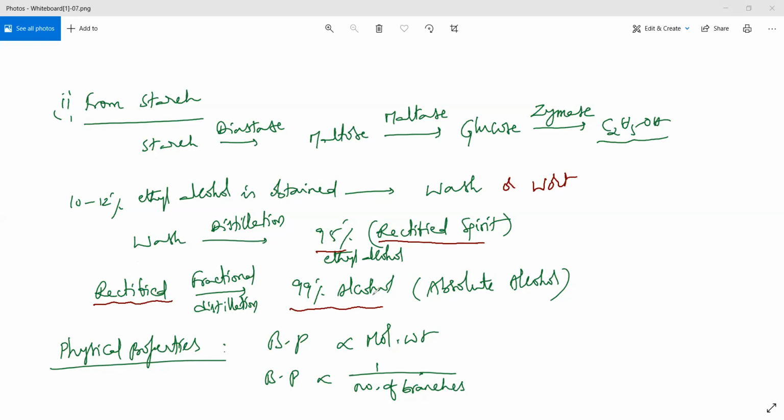Then what about physical properties? Already we discussed that boiling point is directly proportional to molecular weight, and boiling point is inversely proportional to the number of branches.